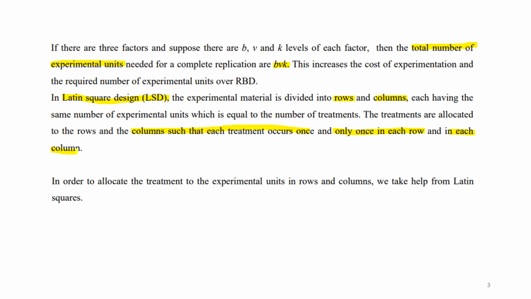For the special case where we consider the column effect, the row effect, and the treatment effect, we use the Latin square design. Another speciality is that rows and columns should each have the same number of experimental units, equal to the number of treatments. This condition especially should be fulfilled to use the Latin square design.